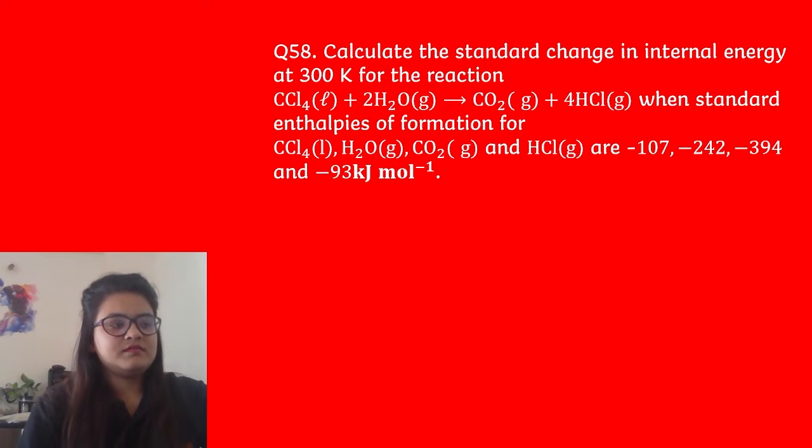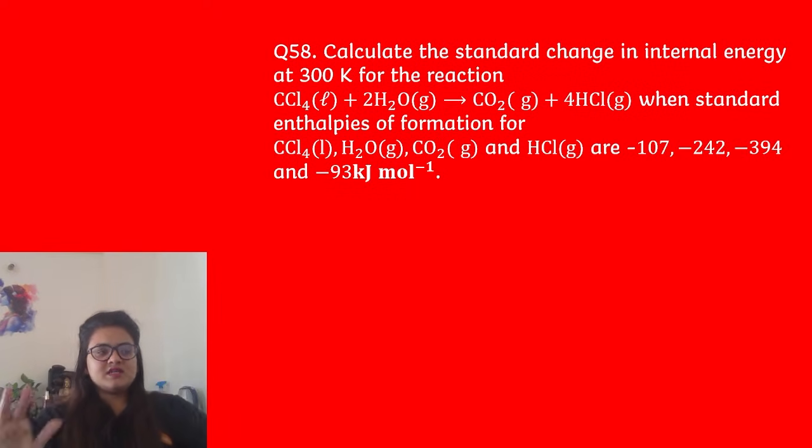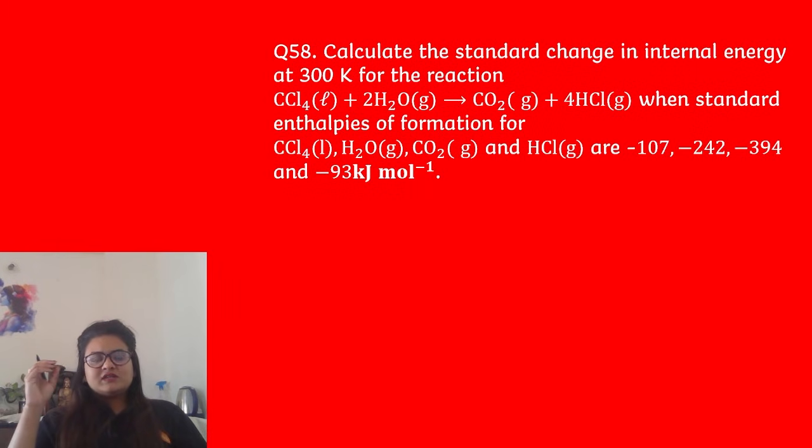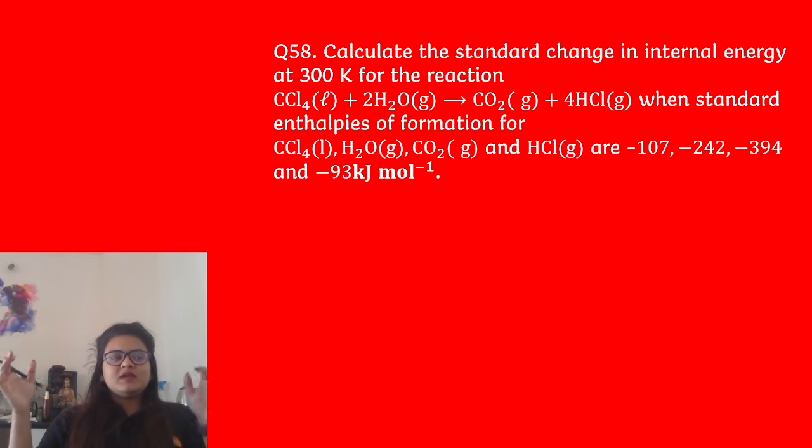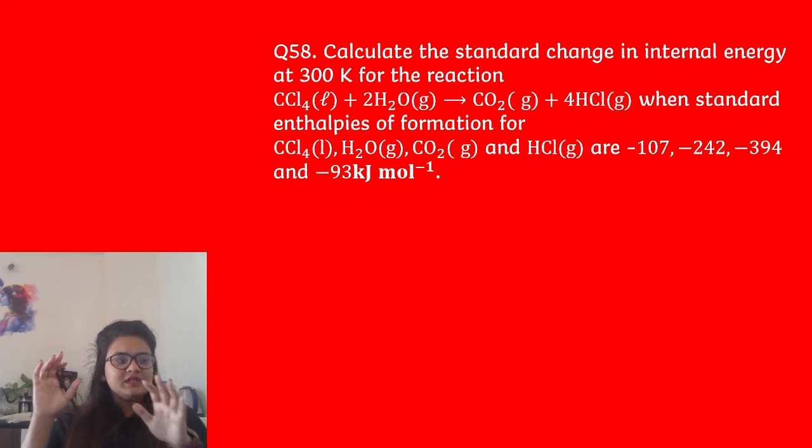See, enthalpy of the reaction can be calculated as enthalpy of product minus enthalpy of the reactant. So here in this reaction, CCl4 to H2O, CO2, HCl, we are going to apply the same thing to get the enthalpy of the reaction at first.